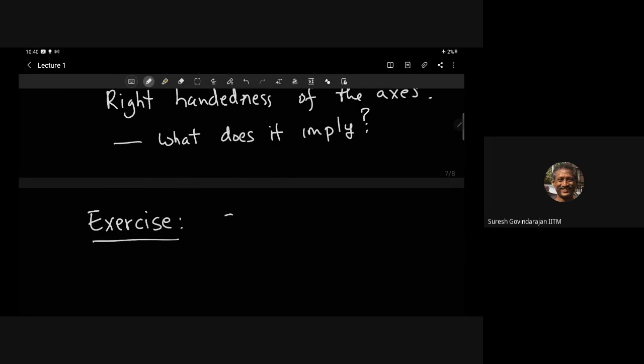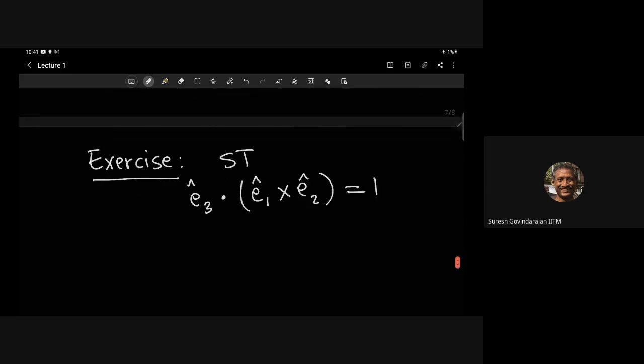What is it? Show that you need to do this, right? E2 cross... this is what we want. This is the statement that E1 cross E2 is along E3. It's a unit vector, etc. This is what we show that this implies.